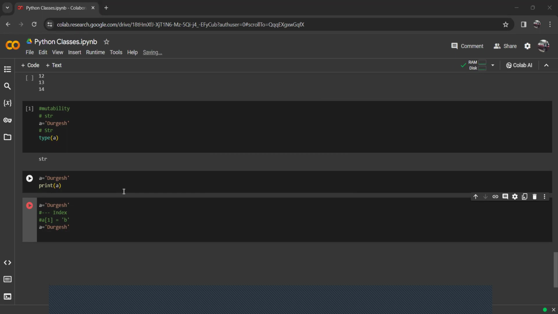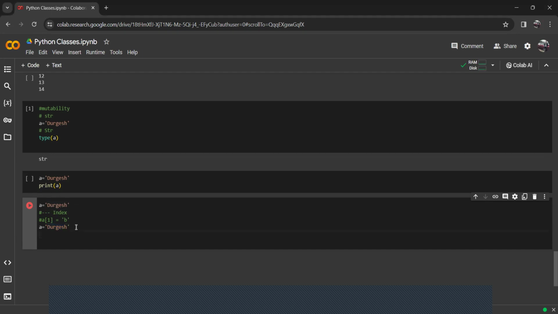So length is basically a function that is used to get the total. Like for example, in this Durgesh, there are 7 characters. So if you want to get the total number of characters in a string or in a list or any place, then you have to use the function length. So for example, if I have written a dot len, is it a correct thing?